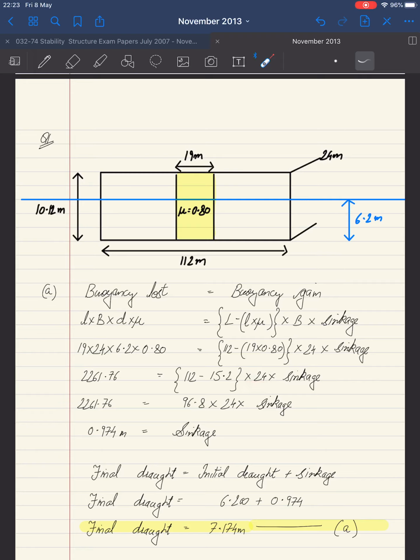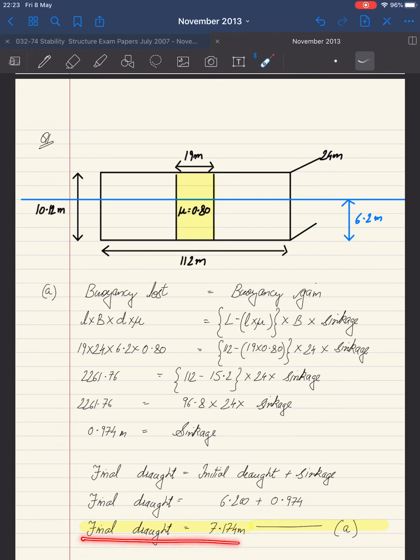With this, we will be able to find out our final sinkage, which was found to be 0.974 meters. Now the final draft will be equal to the initial draft plus sinkage. So final draft is equal to 6.200 meters, which was our initial draft, plus the sinkage, which was 0.974 meters, which has come from here.